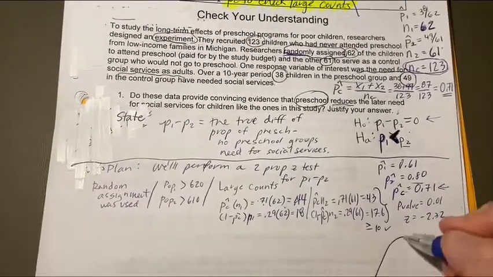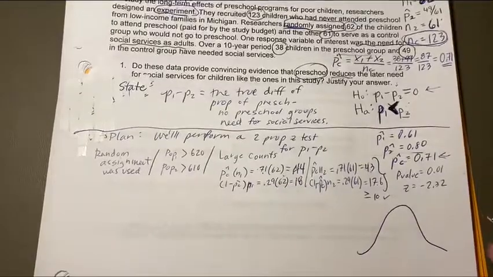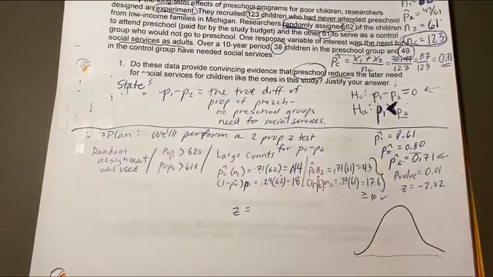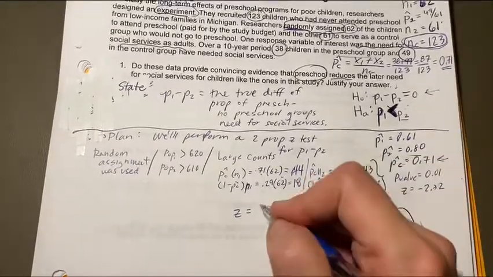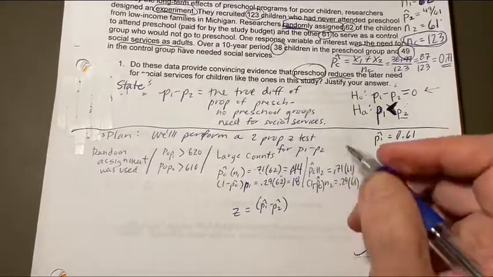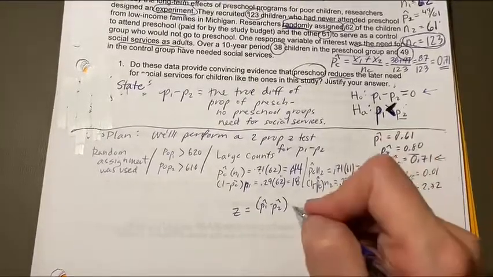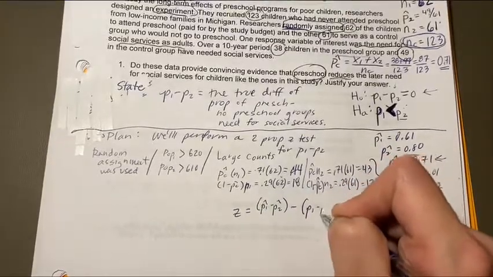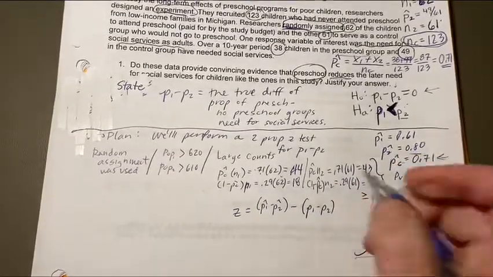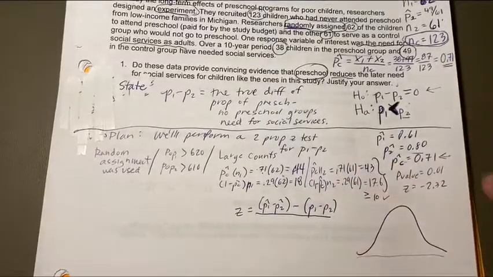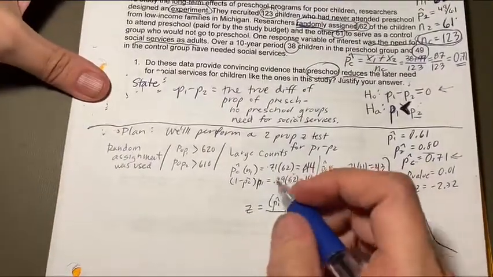So we can use this, and we can use z. And what would z calculate? It would take our p1 minus p2 and subtract from it our null hypothesis, our regular p1 minus p2, and it would put it all over the combined standard deviation. So that would look like this.